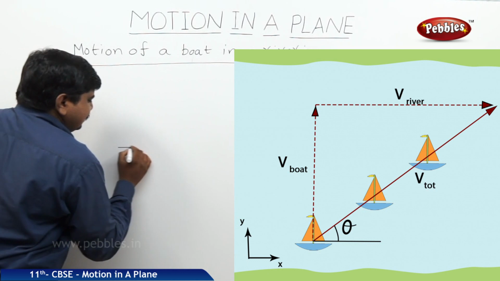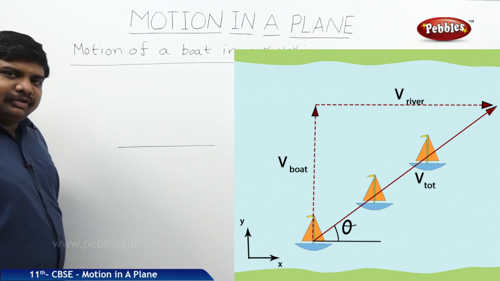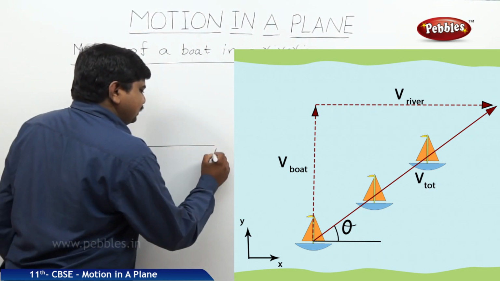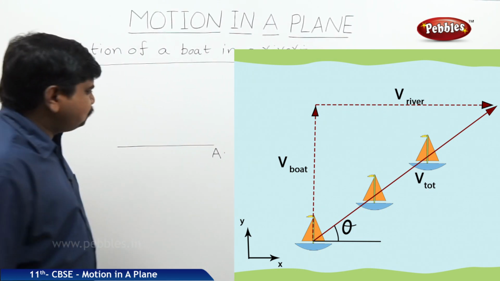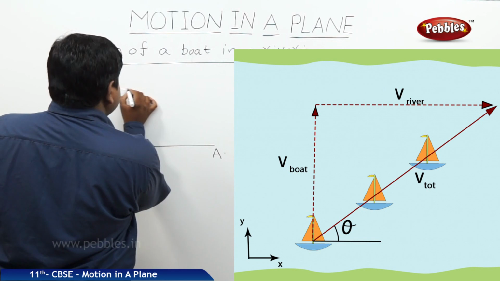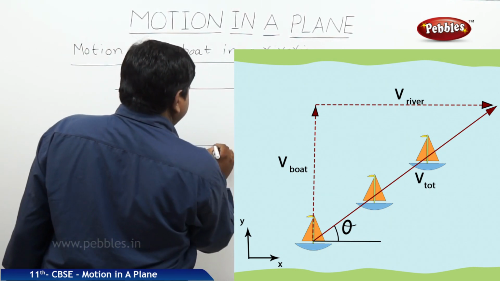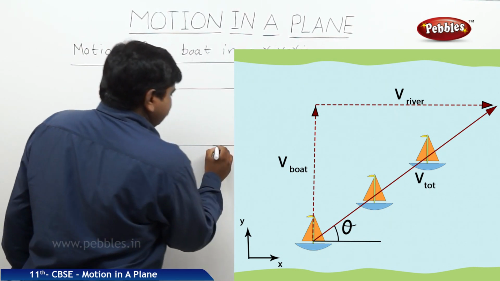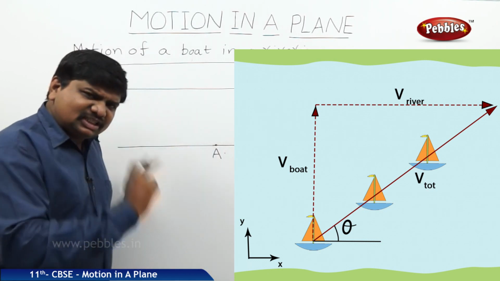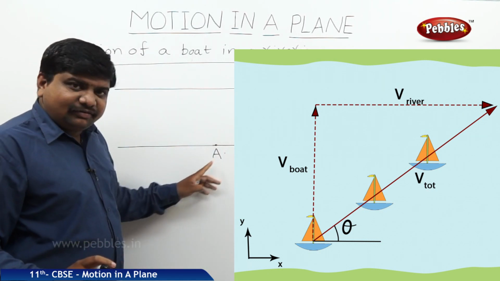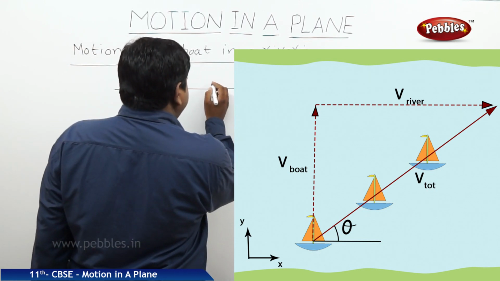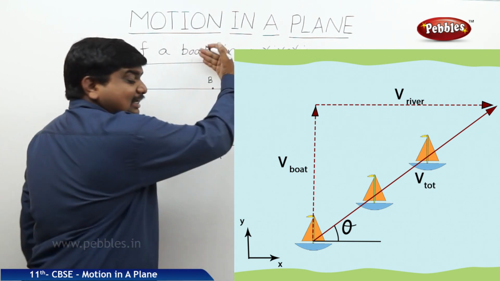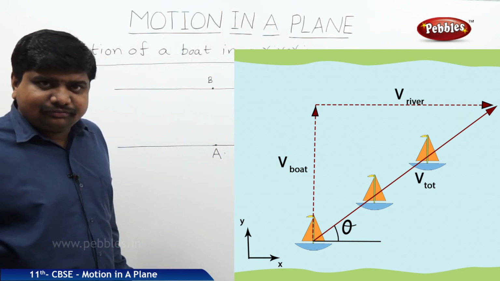Let us take an observer at one bank of the river, let us say the point A. This is another bank of the river. Point A is one such point on one side of the bank, and point B is exactly the opposite location on the other side of the bank.